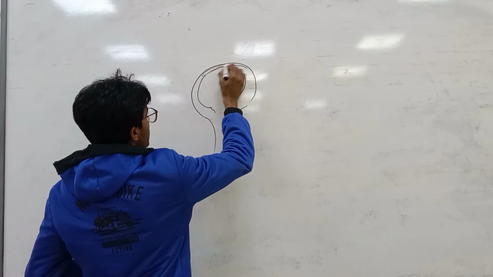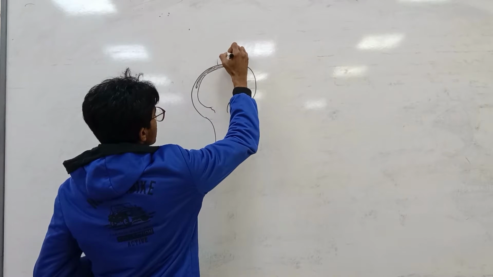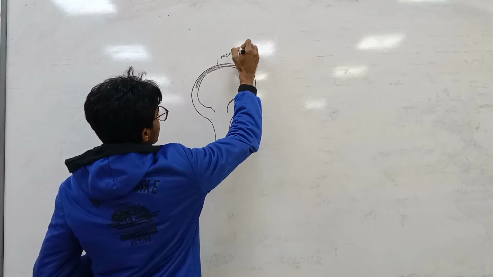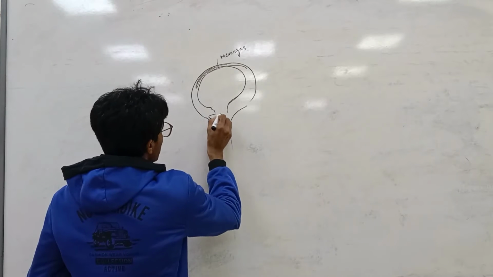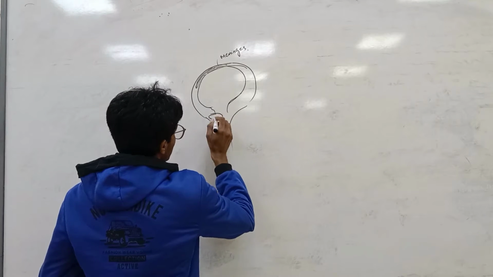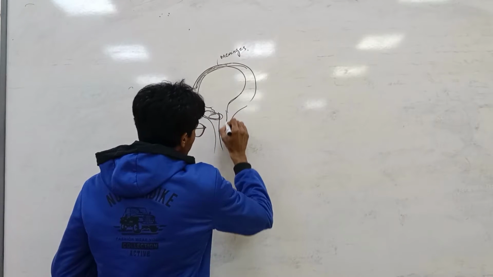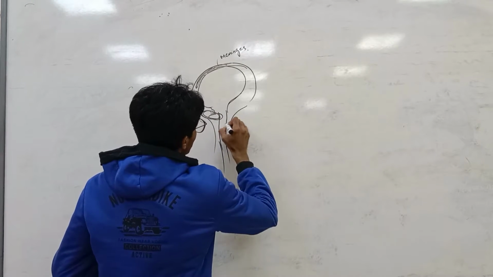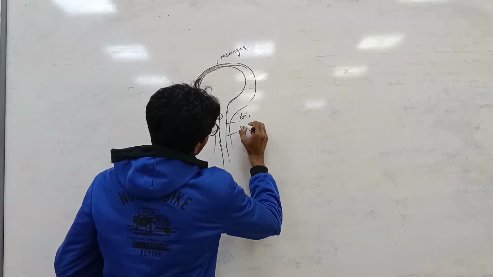The layers which are present here, we call the meninges. The cerebellum is present here, and the brainstem down to the spinal cord, pons, medulla oblongata.